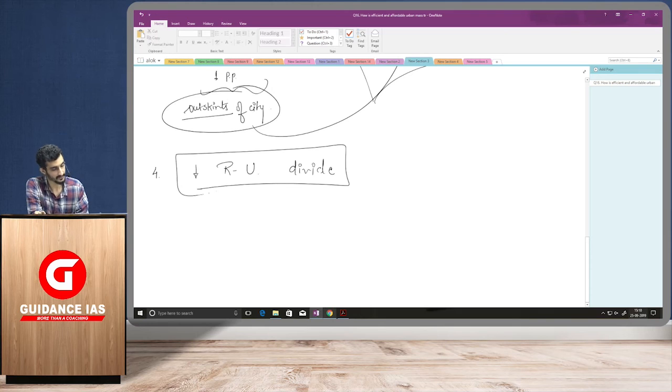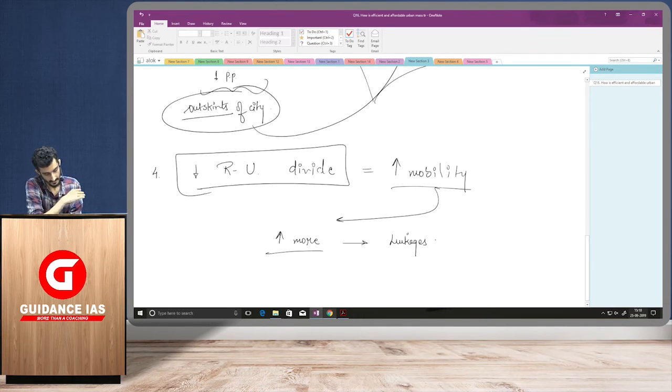since now people can have more mobility, as a result of which there will be more linkages and more urban ideas which will come to rural areas.